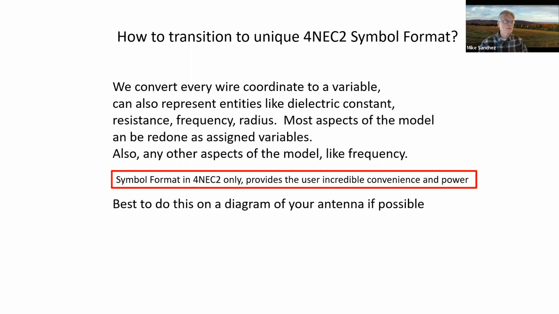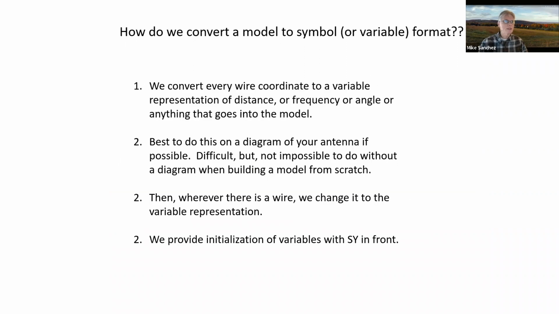Most aspects of the model can ultimately be reassigned as variables. So it's best to do the geometry part, the wires, on an actual visual part of the antenna. And I'll show you that in just a second.